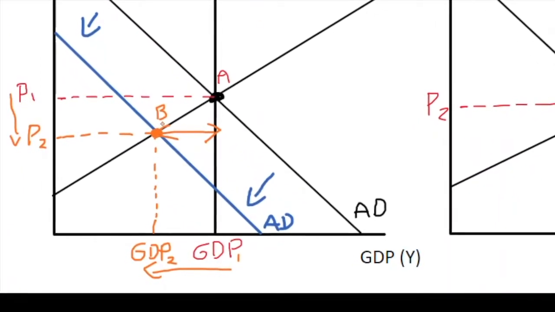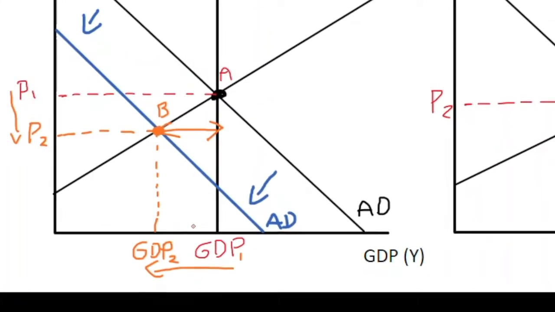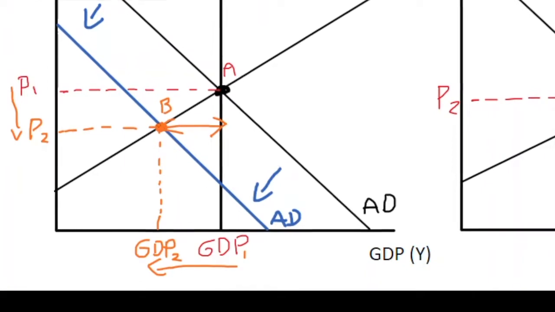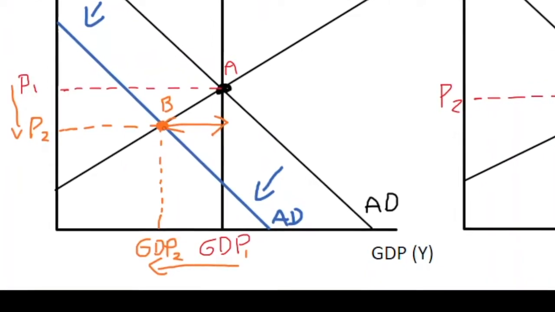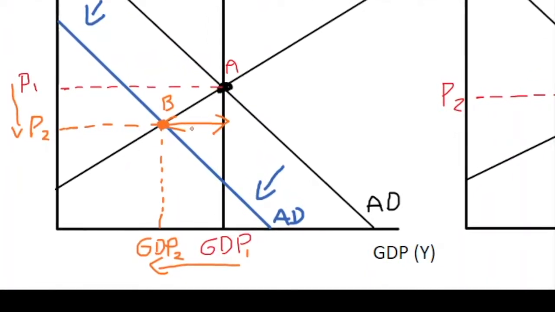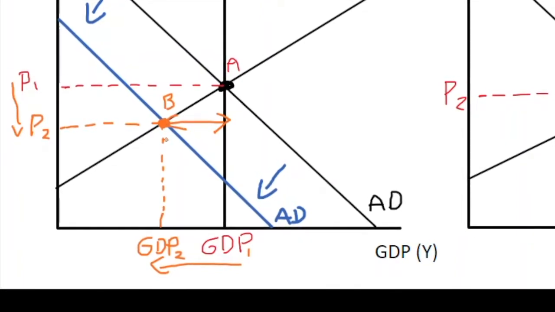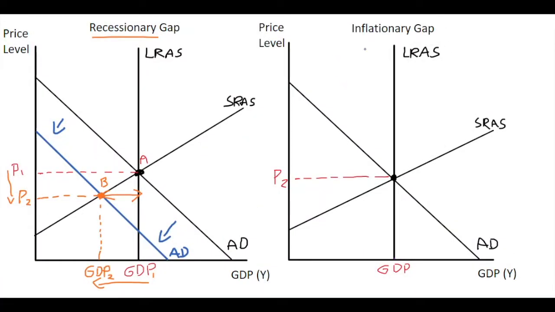So this is when prices fall and GDP falls, we have a gap opened up between potential output and actual output. So in the short run, these two can deviate, and this is shown by a business cycle and a recessionary period.